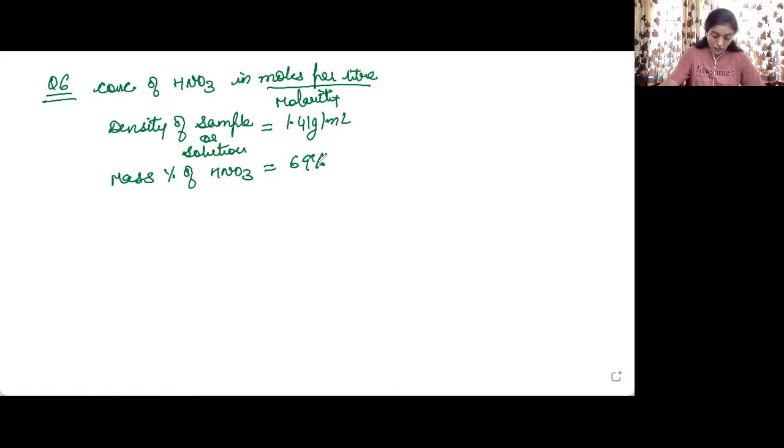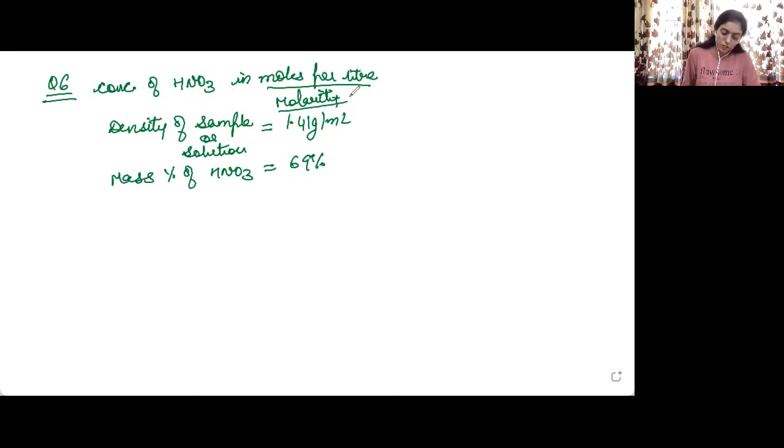All right. Now we need to find out the molarity. This is the information that has been given to us, and this is what we need to find out. When you are doing any numerical, you need to first write down the formula for the quantity that you need to find out.